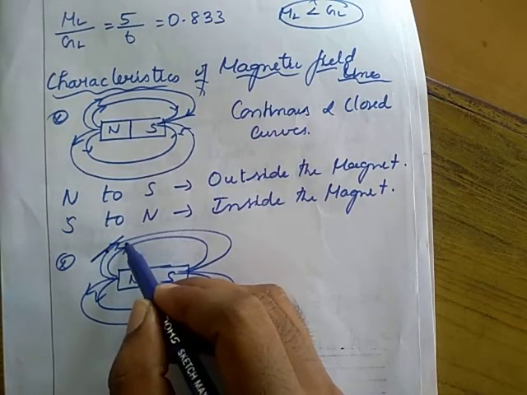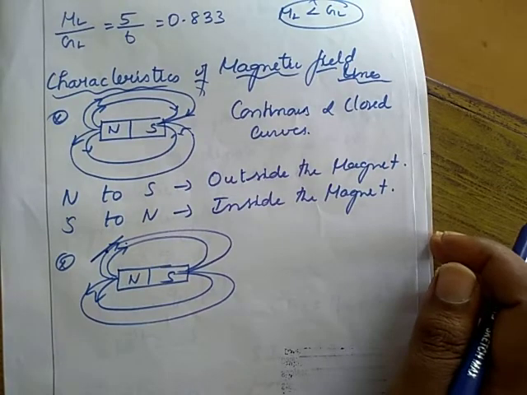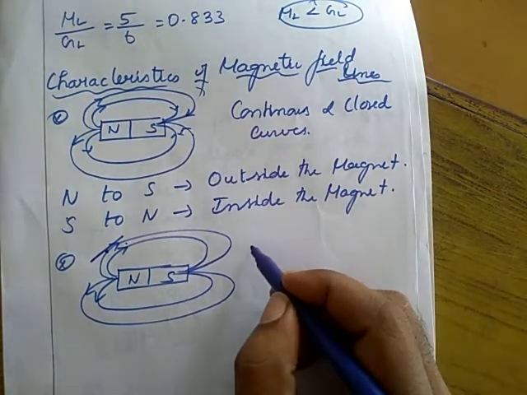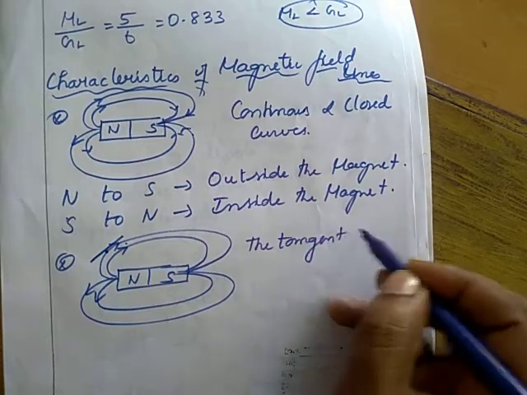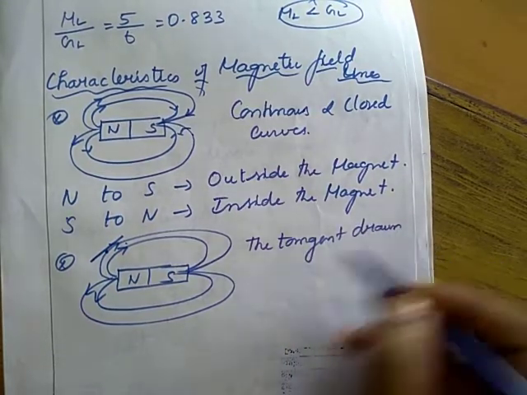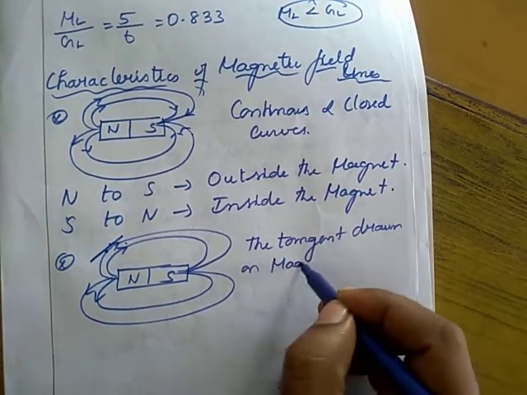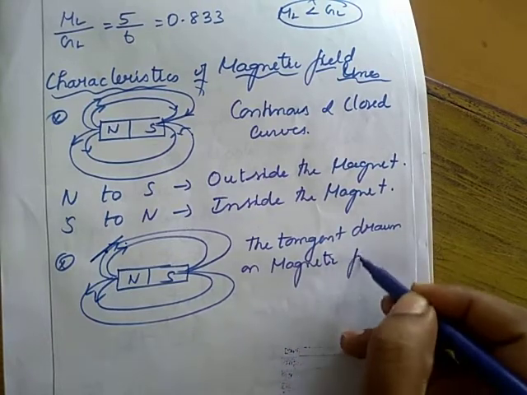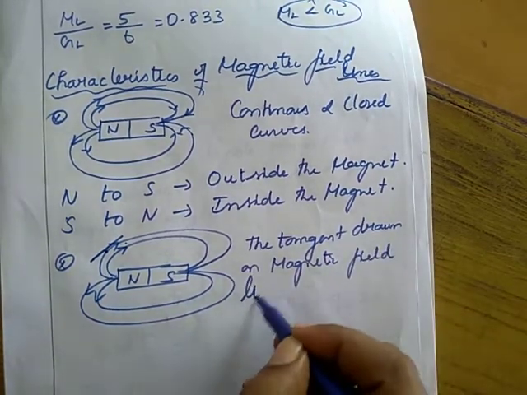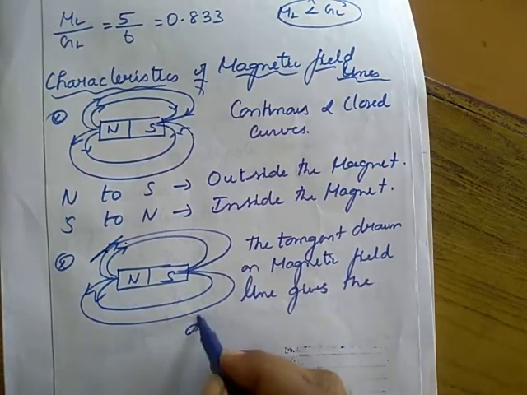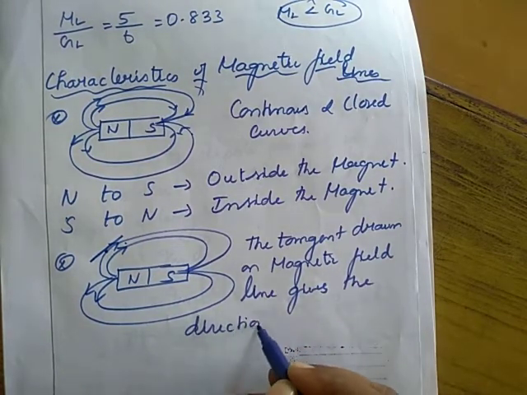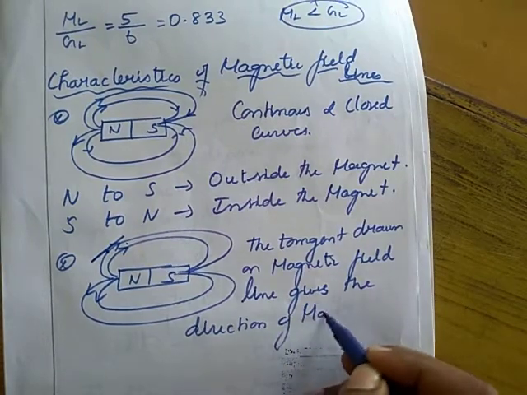The tangent drawn on a magnetic field line gives the direction of the magnetic field.